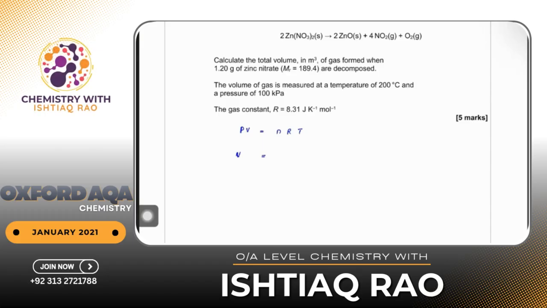We'll convert the kilopascal into Pascal, right? Kilopascal into Pascal. Yep. First of all, we have to find out the mole of zinc nitrate.